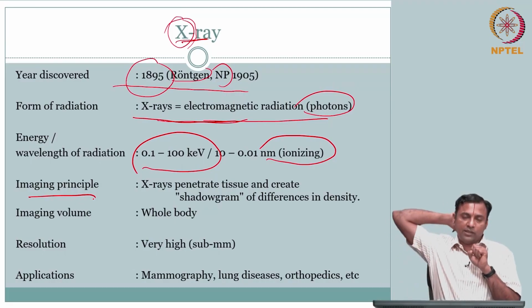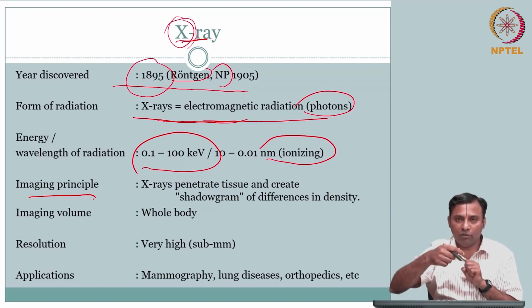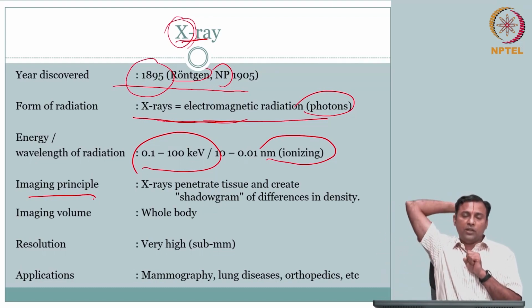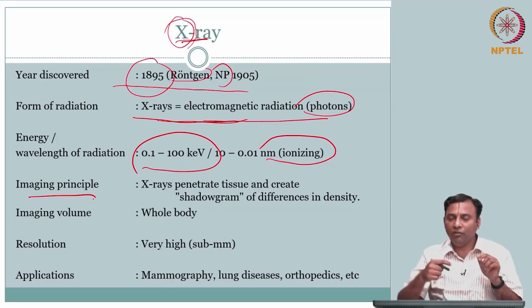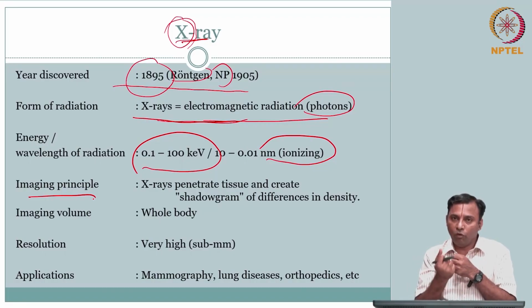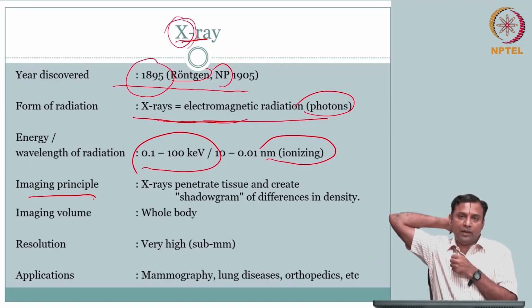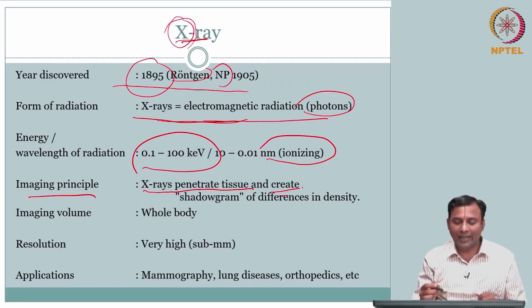So that means whatever is coming out is going to be less energy. So you send a number of photons, a lesser number of photons will come out. How much less depends on which path it is going through. So if I have a medium that is going to absorb more photons, then I will get less in the background. So essentially X-rays penetrate tissue and create a shadowgram.